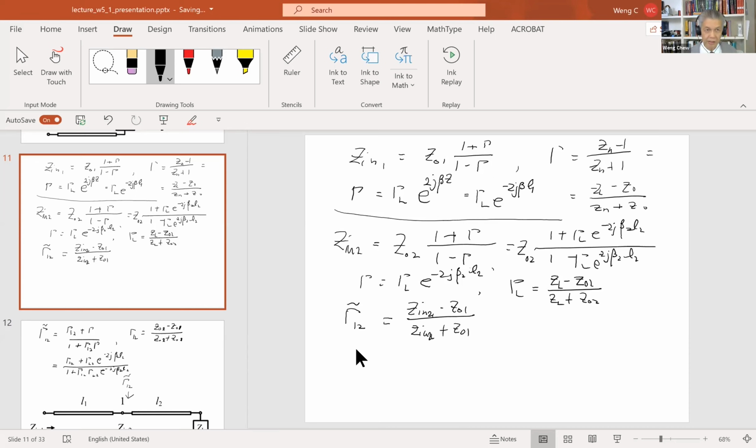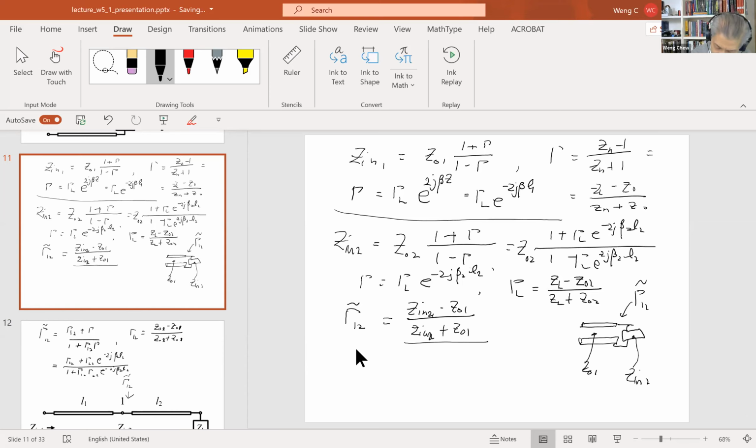So this is very much like the case where I have a transmission line whose characteristic impedance is Z01, and I have a load. This load here is Z in 2. And then I ask myself, what is gamma 1, 2 tilde? That gamma 1, 2 tilde would be given by this formula over here.